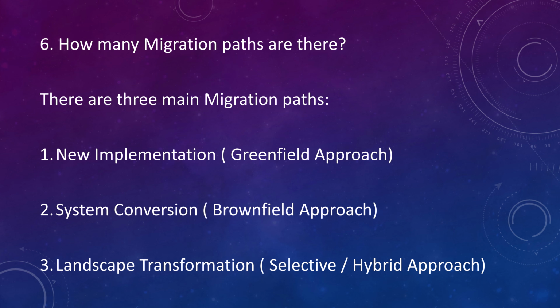Third, landscape transformation, also called the selective or hybrid approach. These are the three core paths companies can choose from when moving to SAP S4HANA. In the next slides, we will understand each of these migration paths in detail.